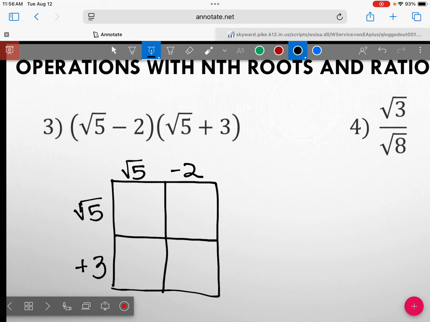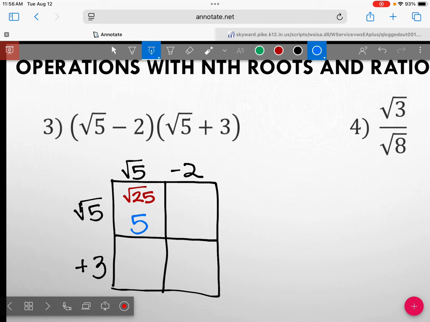All right, so when we multiply the square root of 5 times the square root of 5, we get the square root of 25. And what is the square root of 25? 5. So in this box, we just have a 5. So we go from the square root of 25 to a 5.